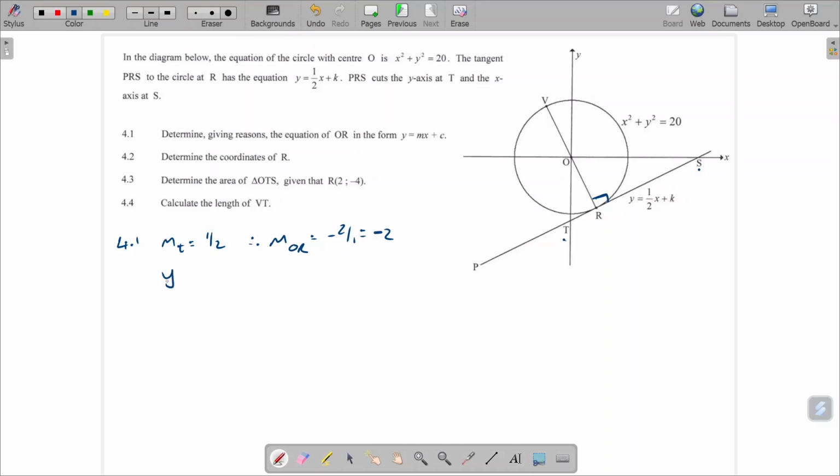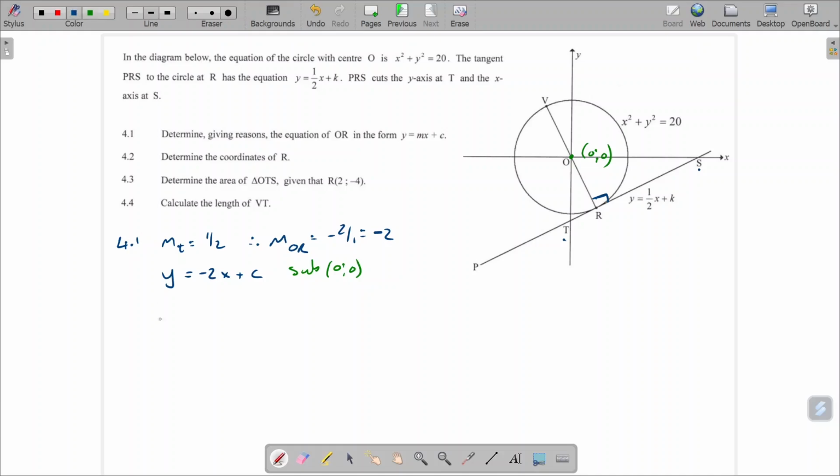We're going to substitute in a point, and the only point we have that lies on OR is the origin, 0, 0.